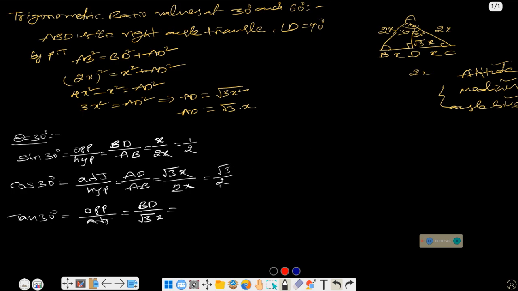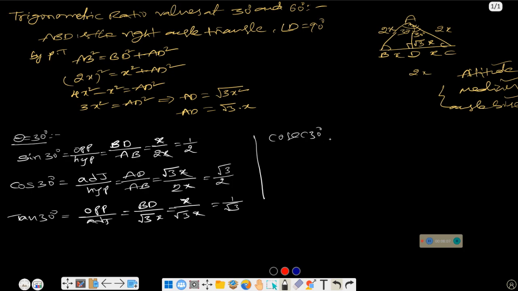So what is the length of BD? x by root 3x. So x cancels, what do you get here? 1 by root 3. So sin 30 is 1 by 2, cos 30 root 3 by 2, tan 30 1 by root 3. And how can you find out the cosecant 30?